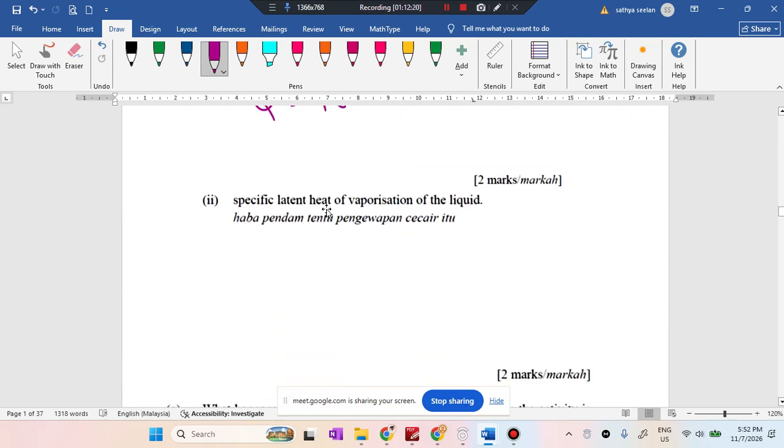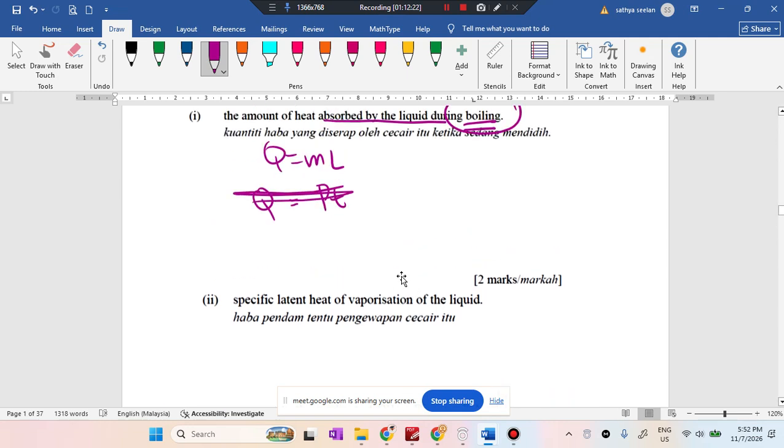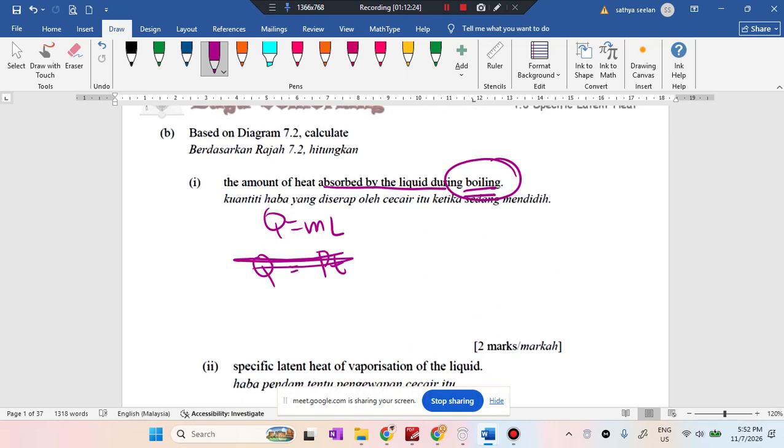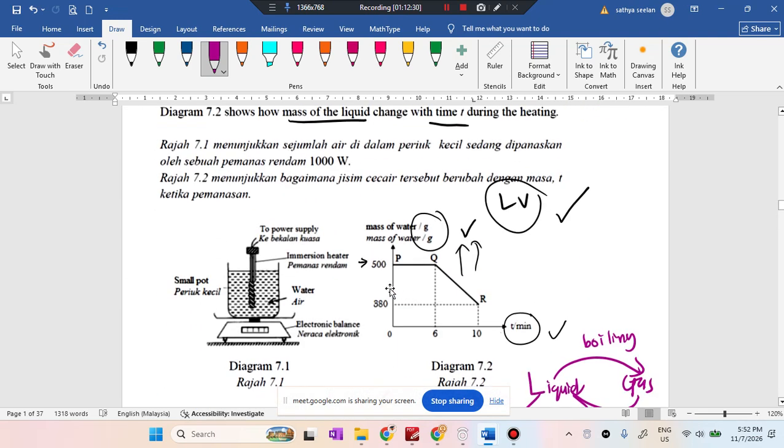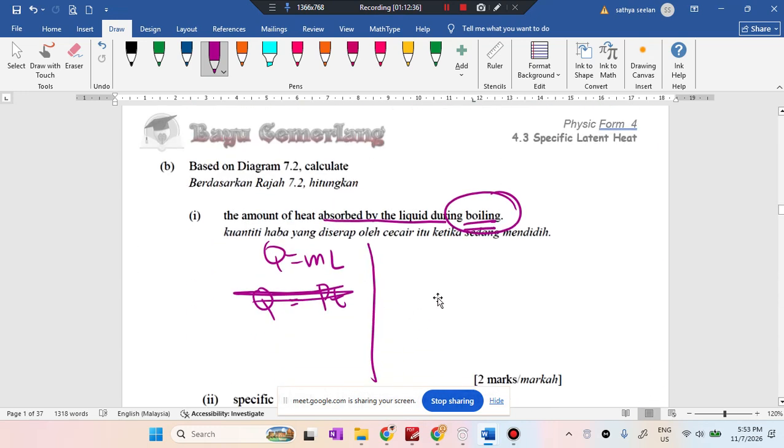Your specific latent heat of vaporization is here. So, the amount of heat absorbed by the liquid during the boiling is provided by whom? The immersion heater, right? So use Q equal to Pt, it's easier.